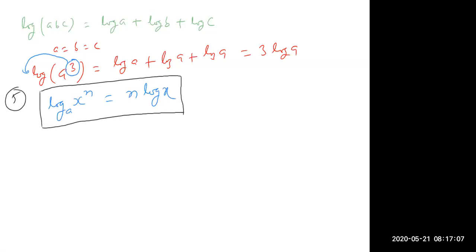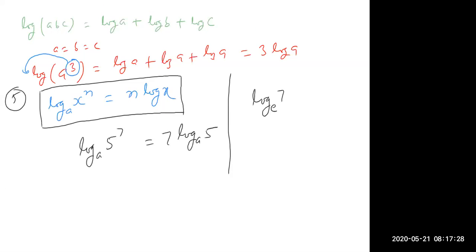For example, if I ask you log A 5 raised to power 7 can be written as 7 log A 5. Understood? Yes, sir. Log E 7 raised to power minus 2 can be written as minus 2 log E 7.